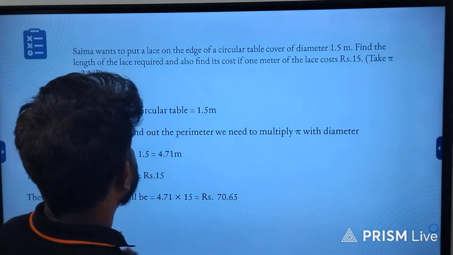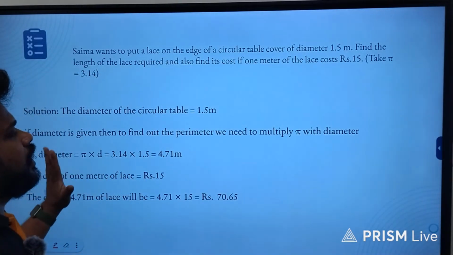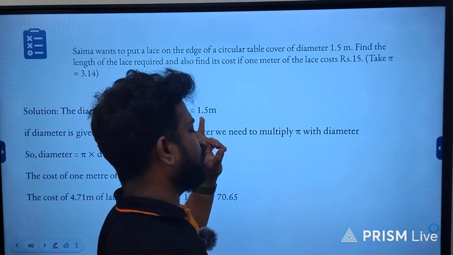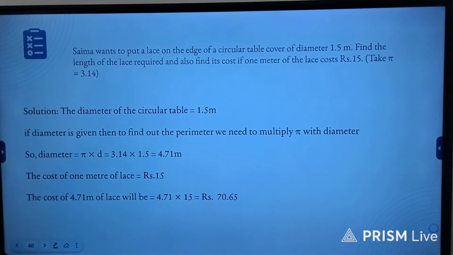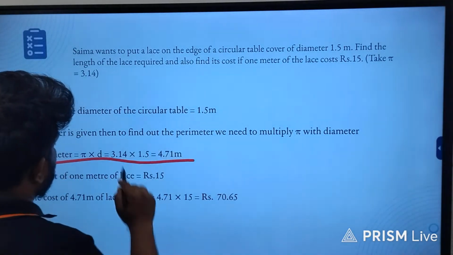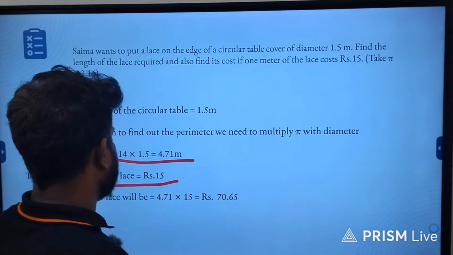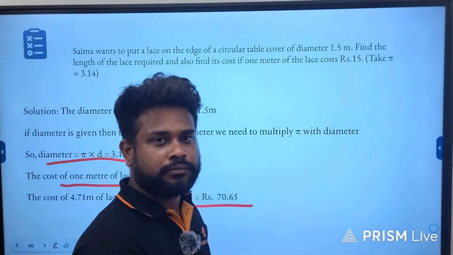So the diameter is being given as 1.5. From that we will get the radius, that is 1.5 by 2, and from that we will get the length. The cost of 1 meter of the lace is 15 rupees. So the total cost will be 70.65 rupees.